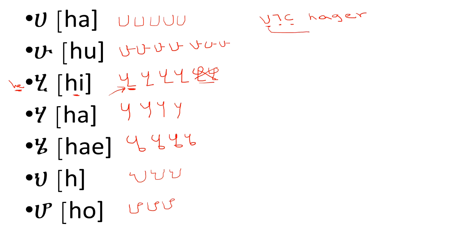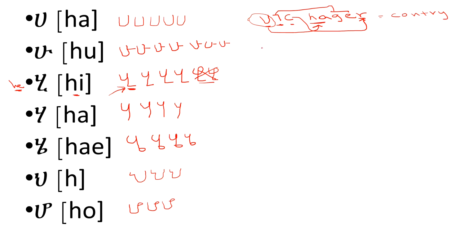This one is Ha, Ga, and R. Don't worry, we will discuss these ones in the future. Let's just for now concentrate on the first letter here. Hagar, and it is country.